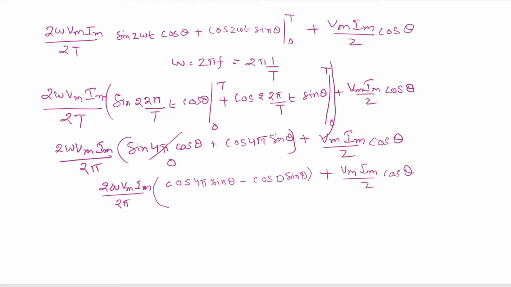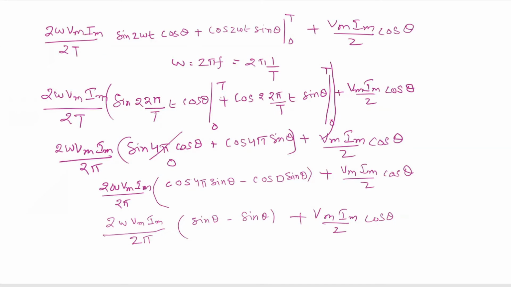So 2 omega Vm Im by 2 pi into sin theta minus sin theta, plus Vm Im by 2 cos theta.